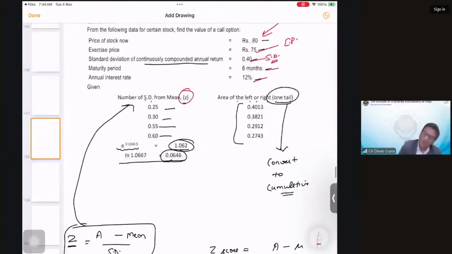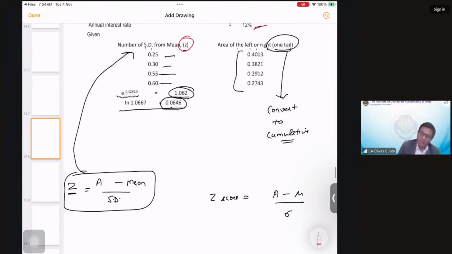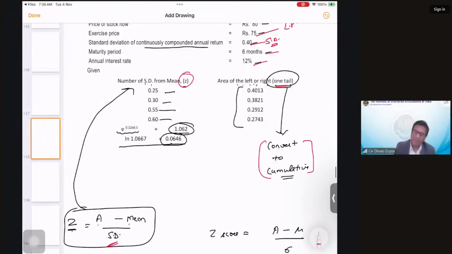Number of SD from mean, which is Z, is equal to A minus mean divided by SD. So this is for the Z score they have given. Area of the left or right, this is what they've given as one tail. We will have to convert to cumulative by doing 1 minus one tail. That will give you the cumulative amounts.